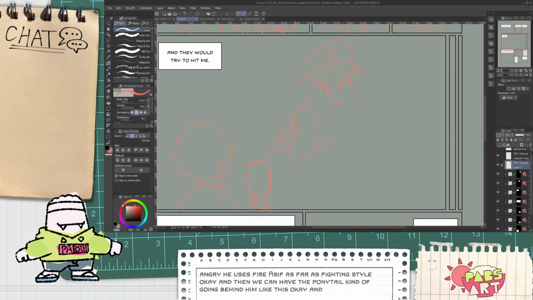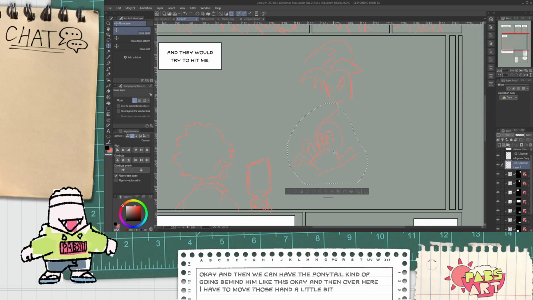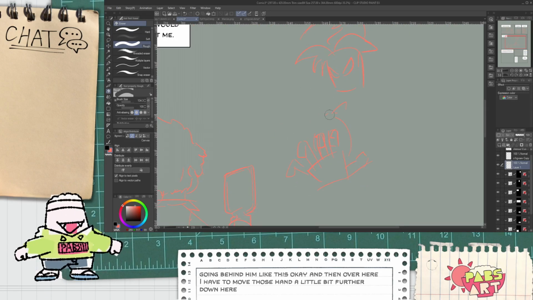Okay, and then over here. I need to move this hand a little bit further down here, just so I can make a straight line here.